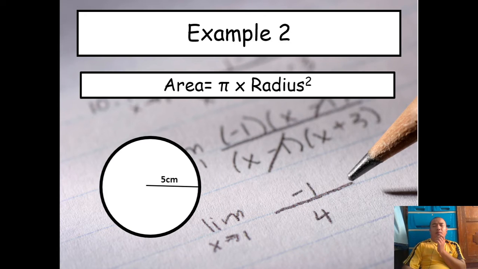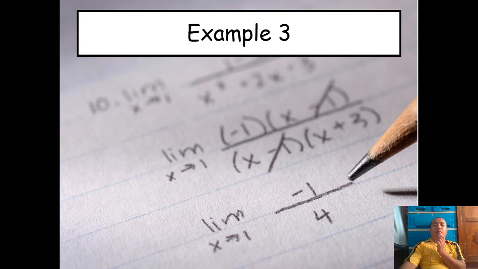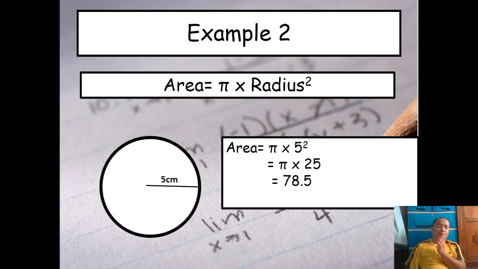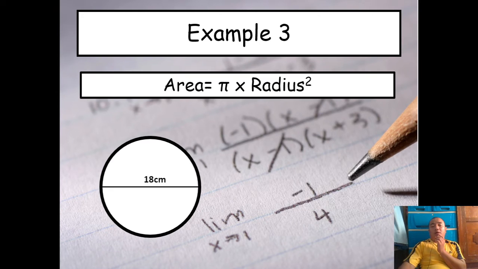Number 2, if the radius is 5 cm, what is the area? Pi times 5 squared, 25 times pi, 78.5 cm. That's the answer. Very easy. How about if it's the diameter this time? Diameter is 18 cm, that means the radius is 9.